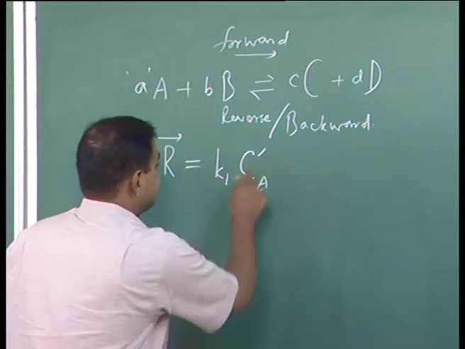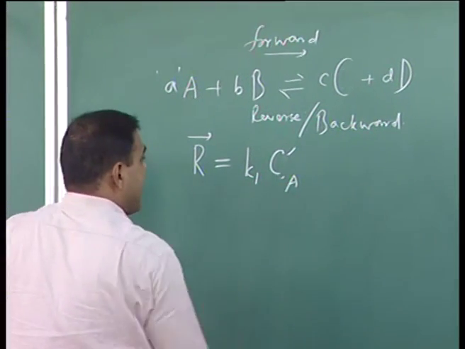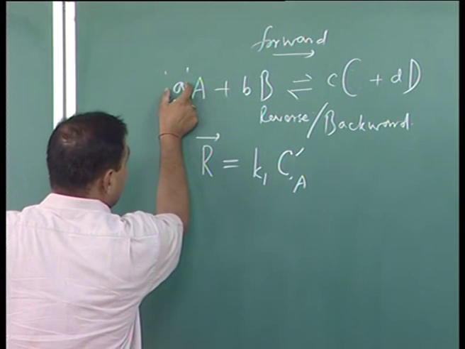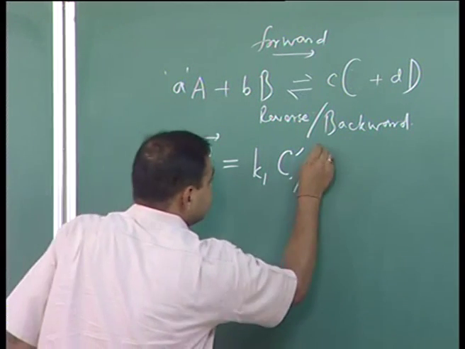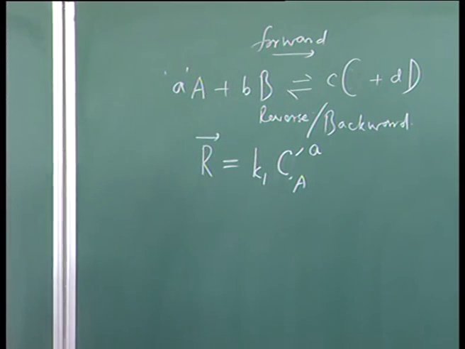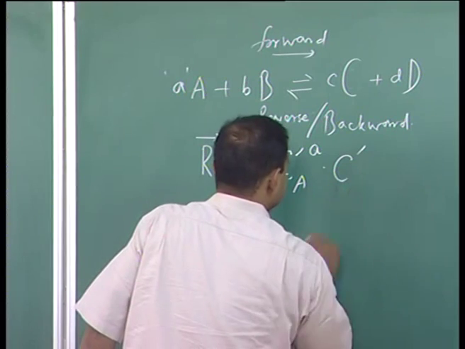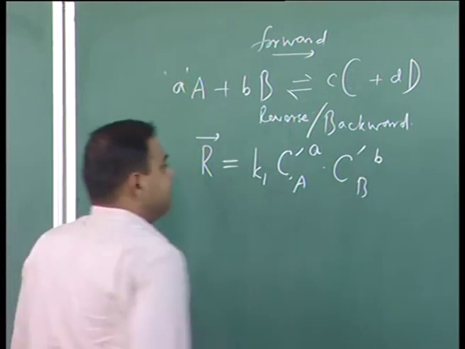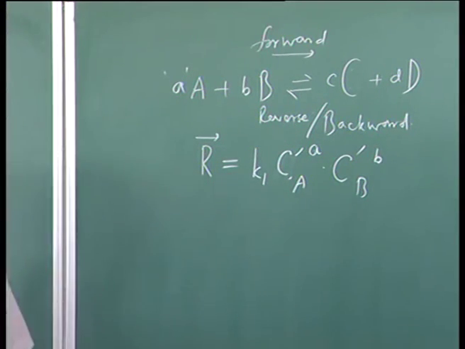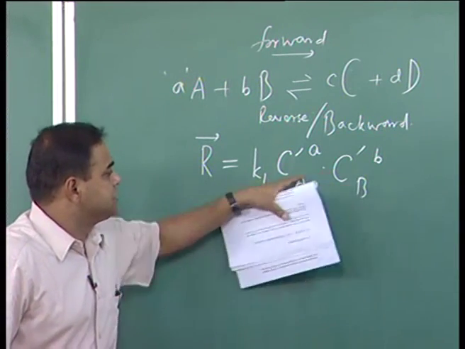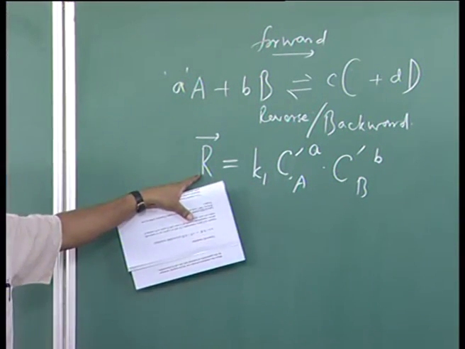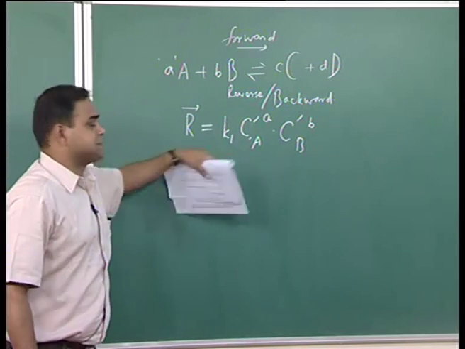Now this C dash A should have, because we have small a mole of A, concentration of A to the power small a, into concentration of B to the power small b. This is my forward reaction, the rate at which the reaction occurs can be expressed in this way.